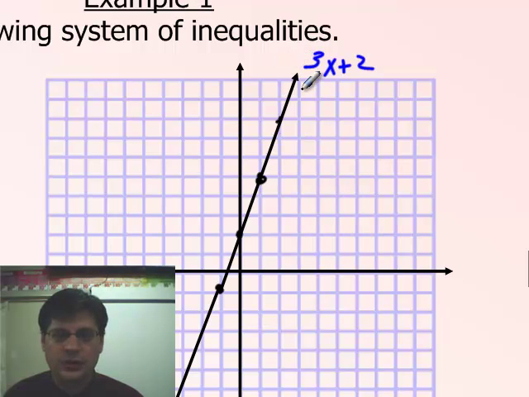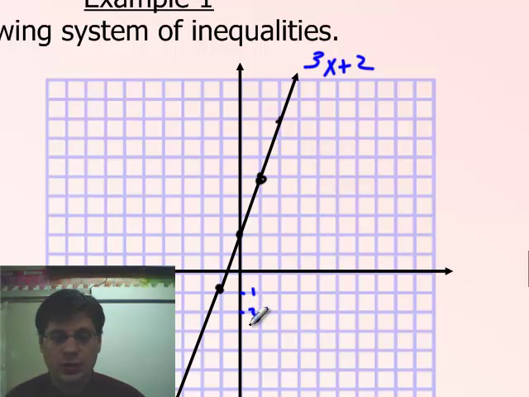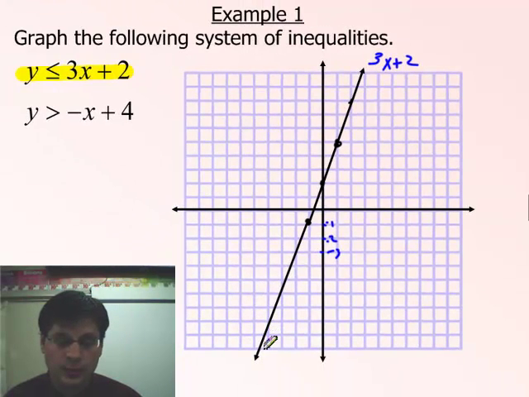We ask ourselves, which direction is y going to be less than compared to the line? Well, on the vertical part of the number line, y gets less as you go down, like -1, -2, -3, and so forth. So that means we're going to shade everything below that line.